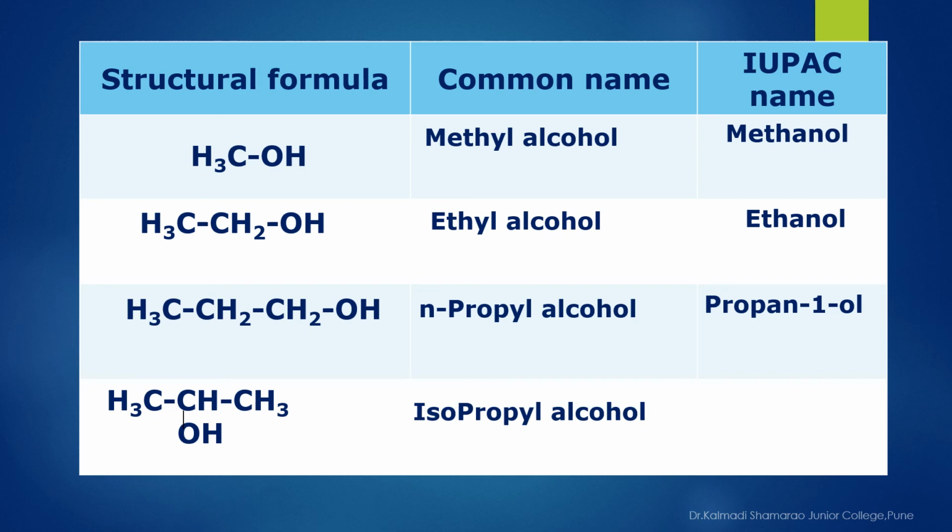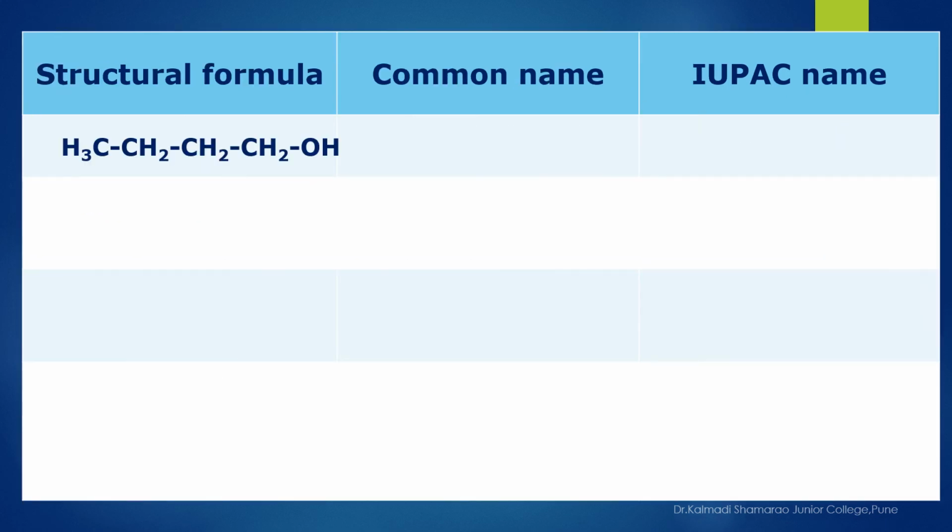Therefore, by common system, it is called isopropyl alcohol, and as per IUPAC name it is called propan-2-ol. Next, CH3CH2CH2CH2OH. Since there are 4 carbons, common name butyl alcohol, and it is in a straight chain, therefore n-butyl alcohol. IUPAC name butan-1-ol.